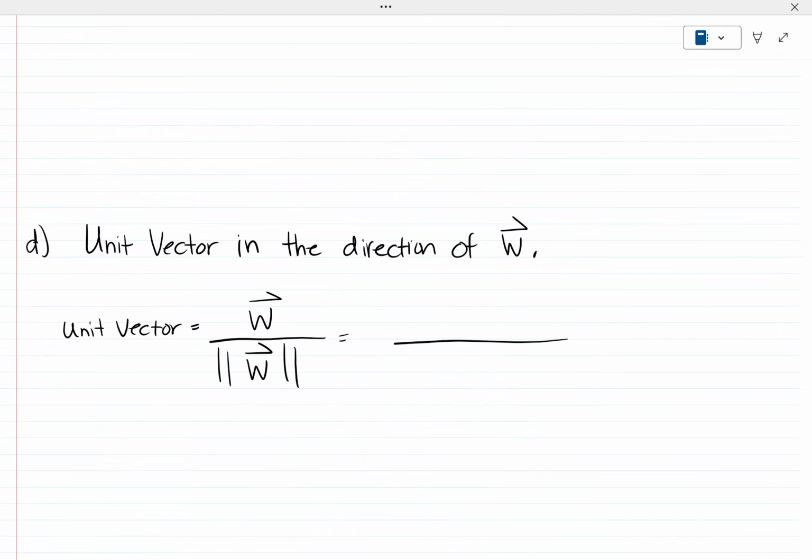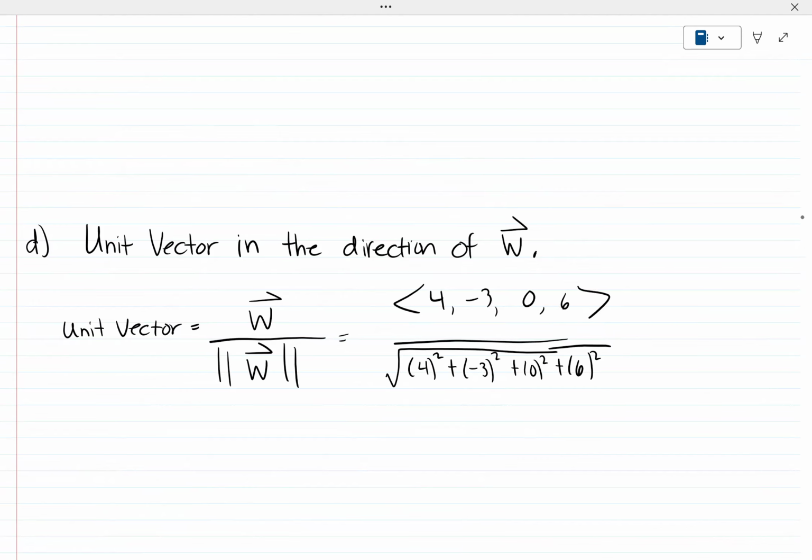That is going to be the square root of 4 squared plus -3 squared, 0 squared, plus 6 squared. And the vector W that was given, you can just write as 4, -3, 0, and 6.